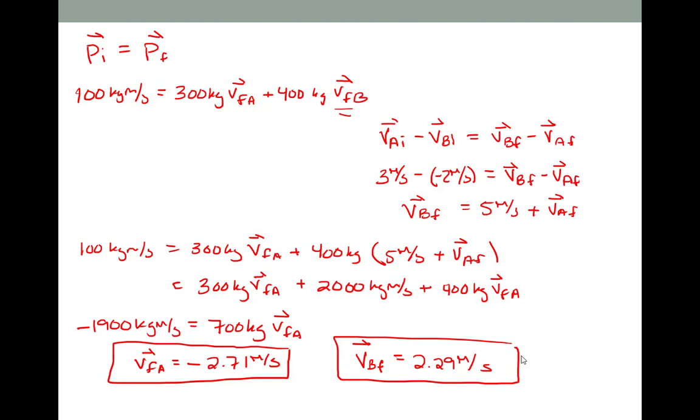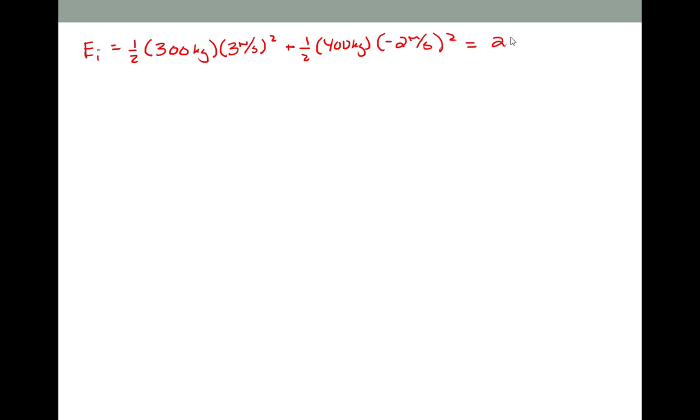Let's just take a moment and verify that energy was indeed conserved. The initial energy is going to be 1/2 times 300 kilograms times 3 meters per second squared, plus 1/2 times 400 kilograms times a negative 2 meters per second squared, which works out to be 2,150 joules.